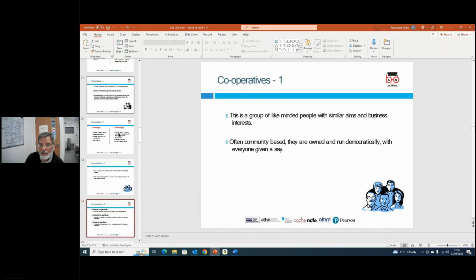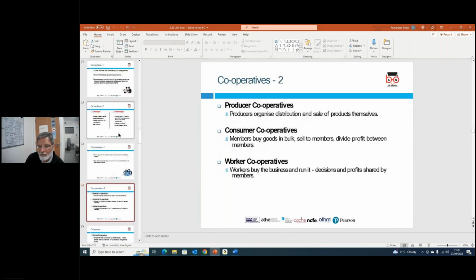There are producer cooperatives, consumer cooperatives, and workers' cooperatives. Producer cooperatives are where they want to produce goods and services and share the profit from that produce among themselves. Consumer cooperatives are like members buying goods in bulk, selling to the members, and dividing the profit amongst the members only.